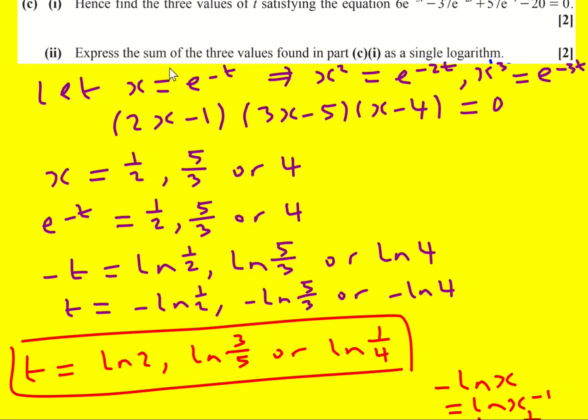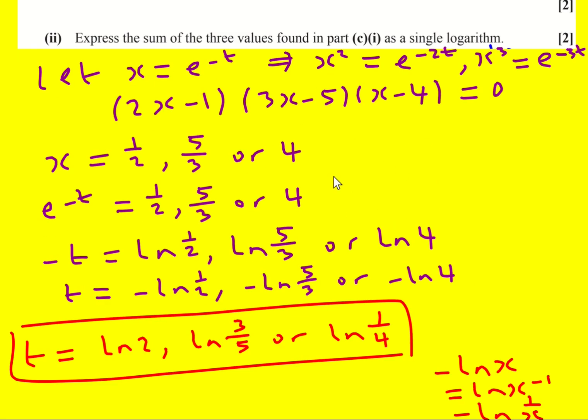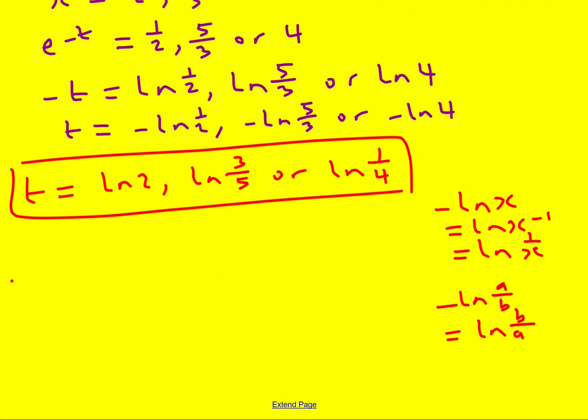We're then asked to find the sum of the three values as a single logarithm. So it's going to become ln 2, and again, this is going to be easier without the minuses, plus ln 3 over 5, you can still do it there, of course, plus ln 1/4.